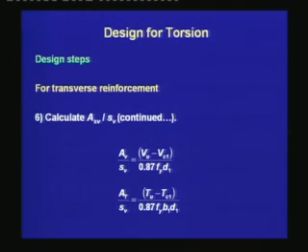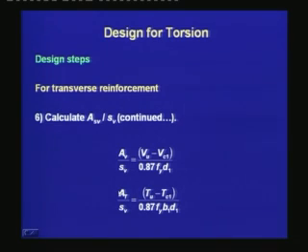In the previous expression, AV by SV is calculated from the shear to be carried by the steel, which is Vu minus Vc1, and that divided by 0.87 Fy d1 gives the shear to be taken by the steel, which is AV divided by SV.